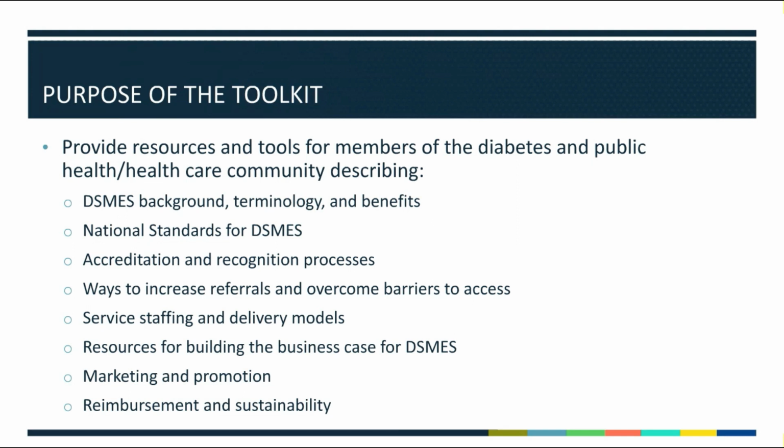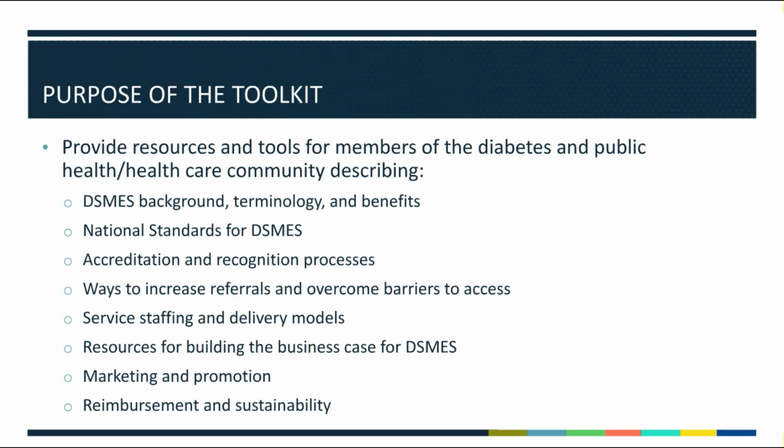As mentioned, one of the purposes of the toolkit is to provide tools and resources for members of the diabetes and public health and healthcare community. These are the 8 main sections you'll see in the toolkit.